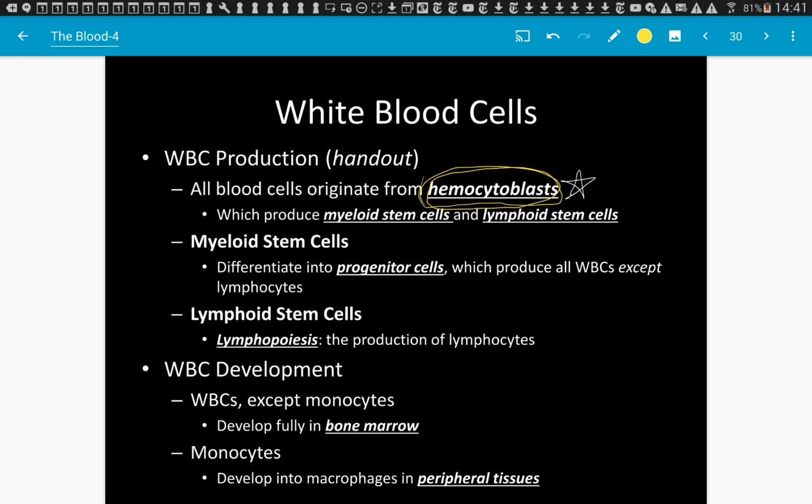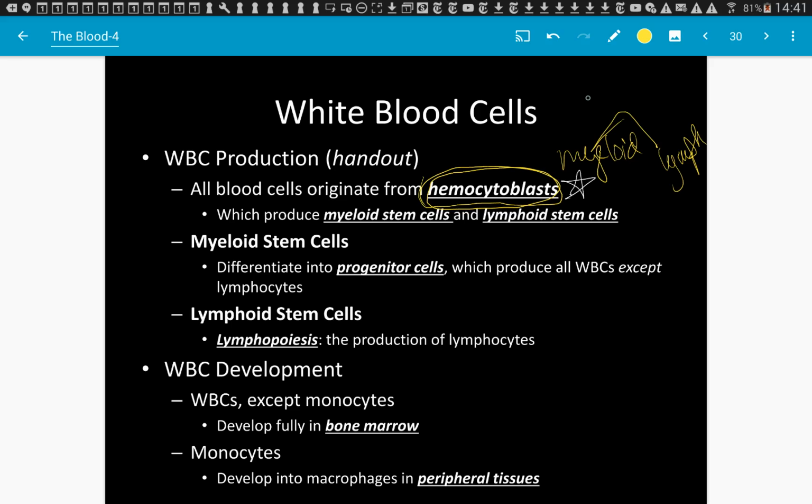Or you could say it's the original stem cell, okay? And then from the hemocytoblast, it divides into two categories of stem cells. So you have hemocytoblast, and then it branches off to either myeloid stem cells, I can't spell, or lymphoid, okay?